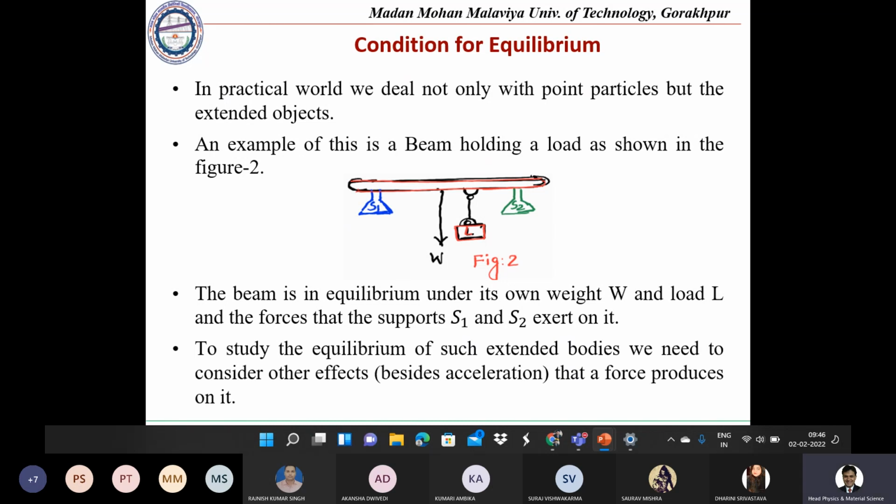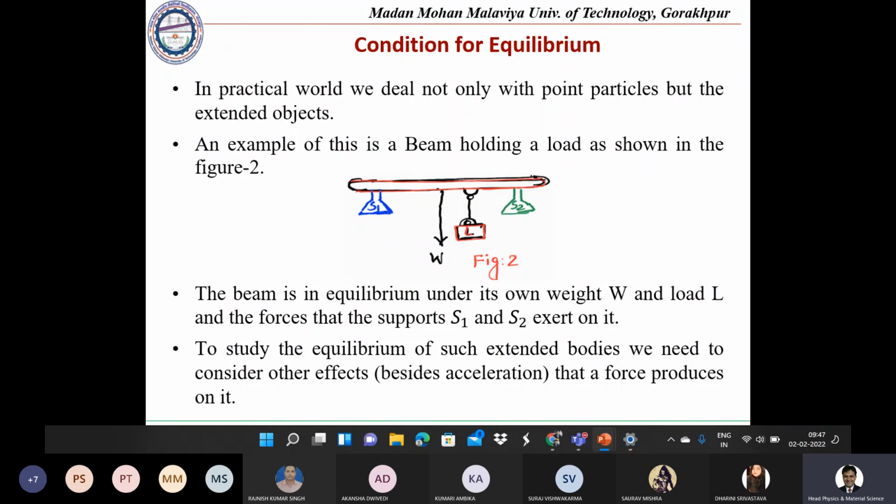To study the equilibrium of such an extended body, we need to consider other effects also, besides the acceleration. What may that be? Anybody of you, let me know.